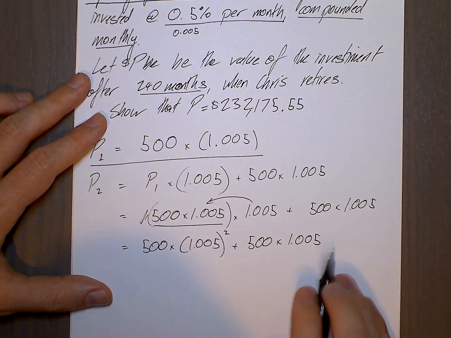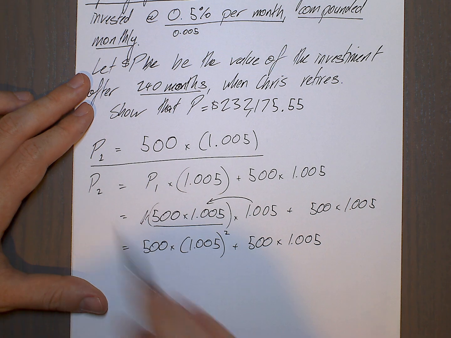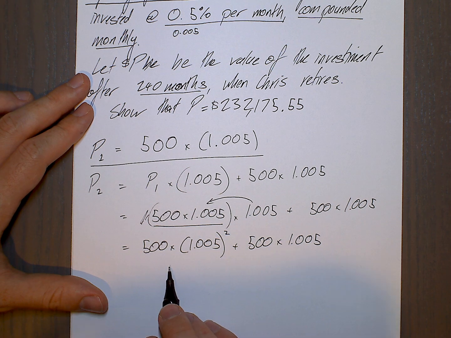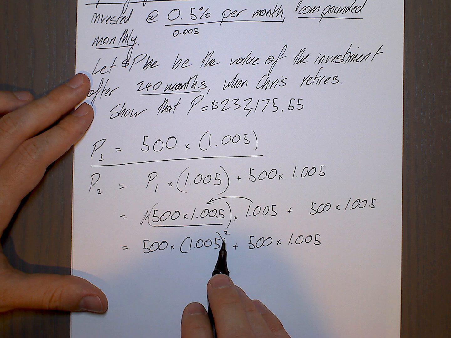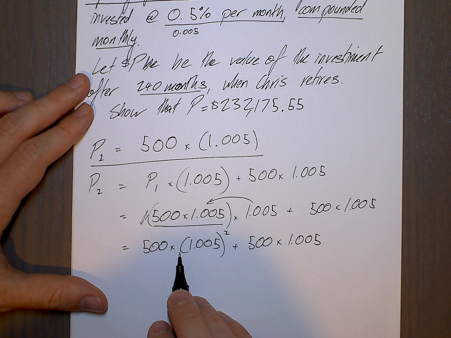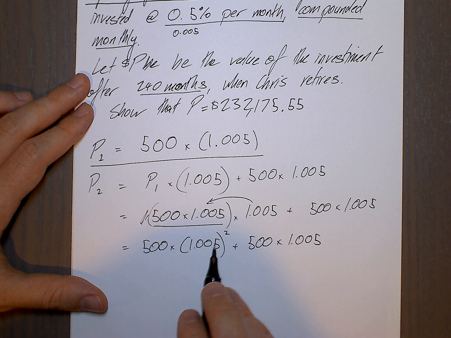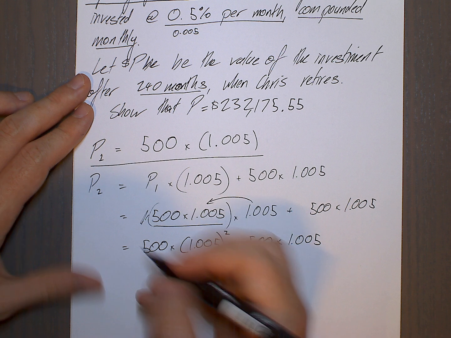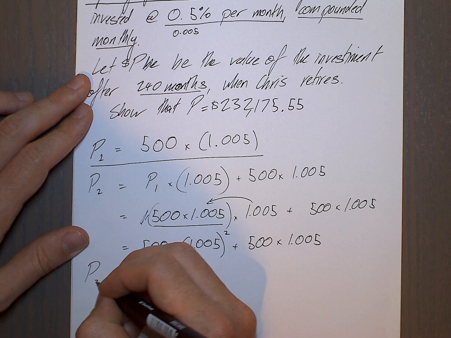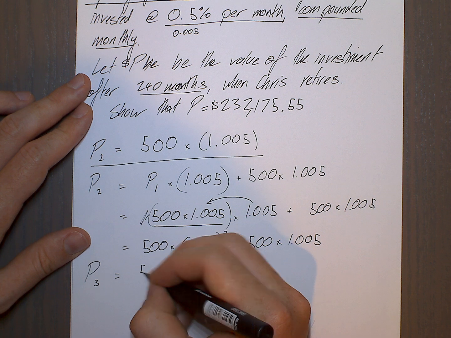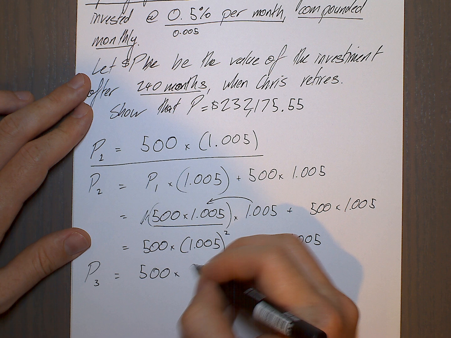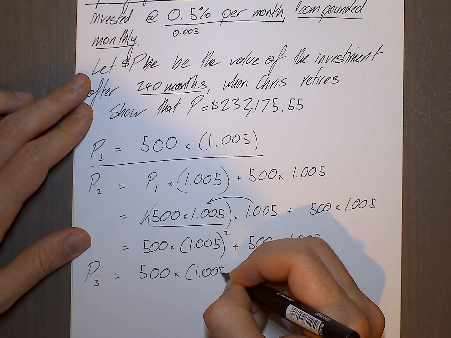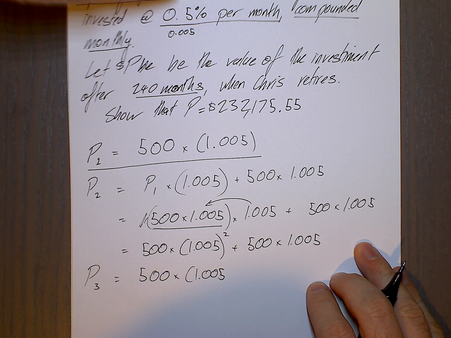Now we can start to see a pattern, even in our second payment, that gives us these common factors of 500 times our rate. The first one's going to have the same power as the month. And just to make sure, we can do it for 3, it's going to look like this. I'll bring this up just a pinch.